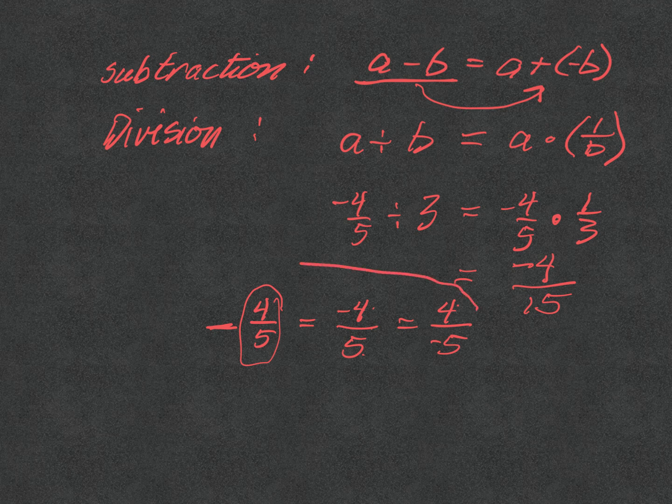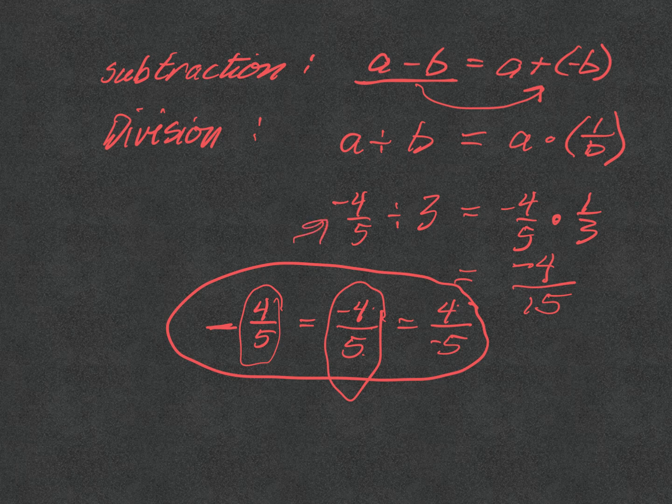And that tells us that we can write a fraction in 3 ways with a negative sign. In general, I tend to write it this way a lot, as you see what I did here. But often in my final answers, I'll pull that negative out in front of the whole fraction. Now, if you had 2 negatives in there, then that's going to make the whole fraction positive. So that's why you've got to keep track of those things.